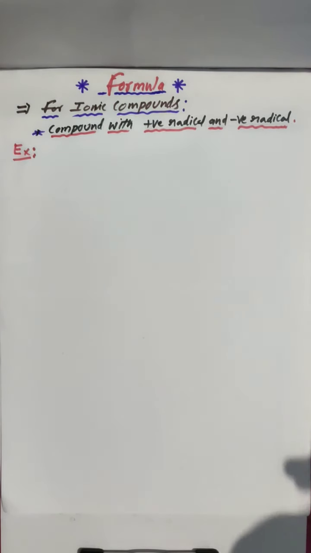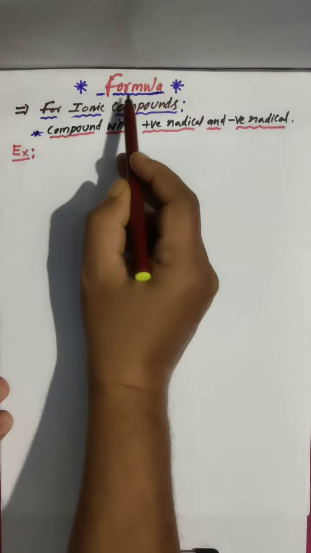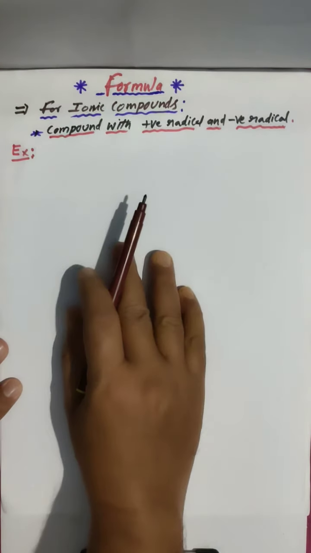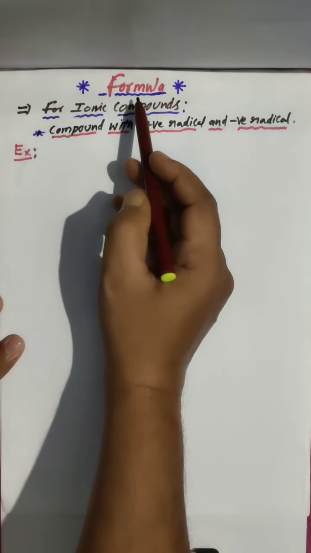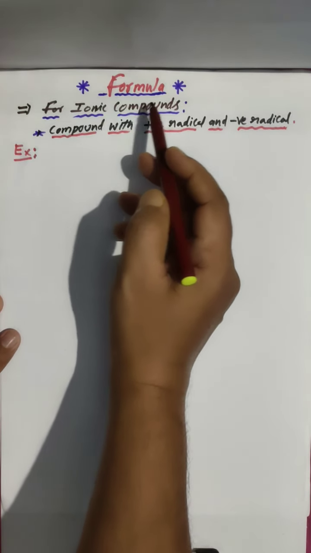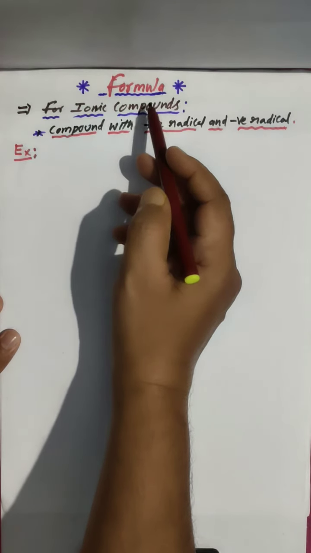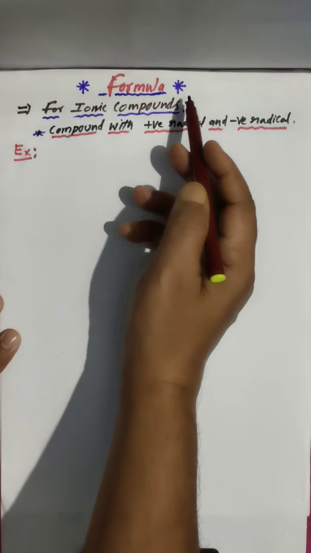Hi students, today we are going to discuss another basic concept in chemistry, that is formula. How to write formula. Generally students get a problem: when they know the name, they don't know the formula.